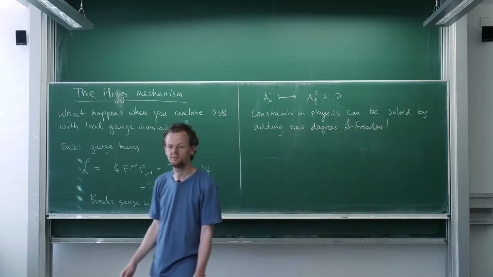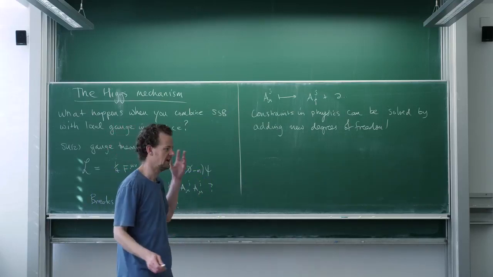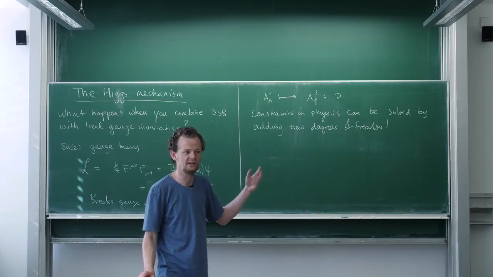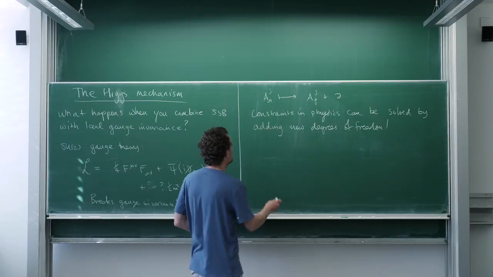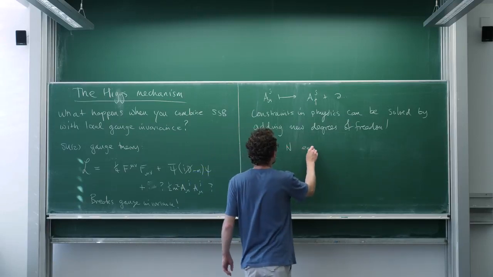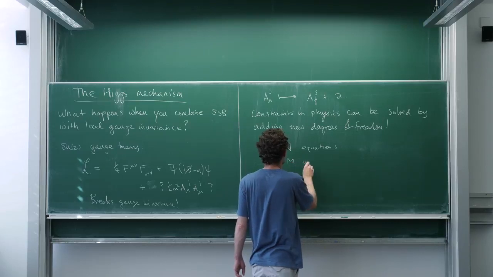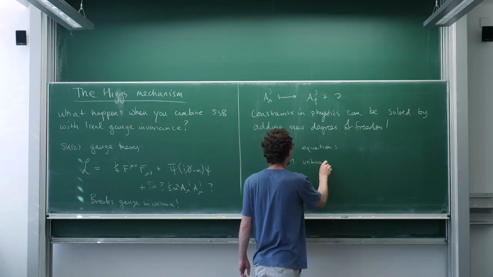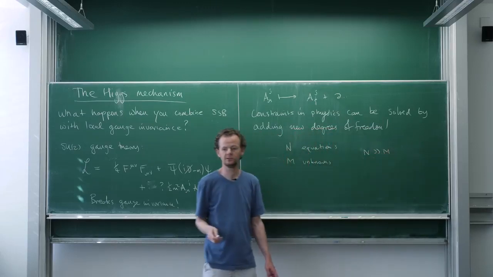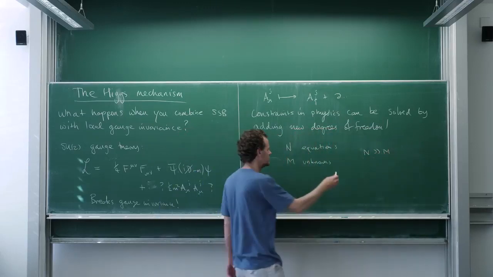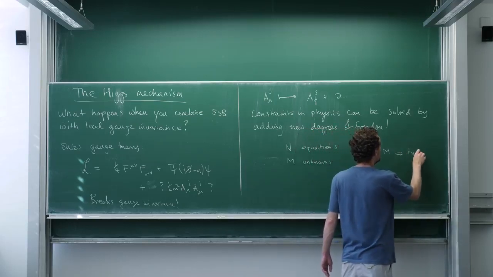constraints in physics can be solved by adding new degrees of freedom, and not just physics, in maths, right? If you have n equations and m unknowns, and n is bigger than m, then you're not going to expect a solution. In the case where you have lots of equations and very few unknowns, this is over-constrained. There's typically no solutions.